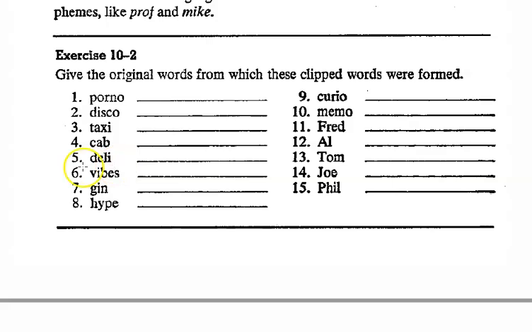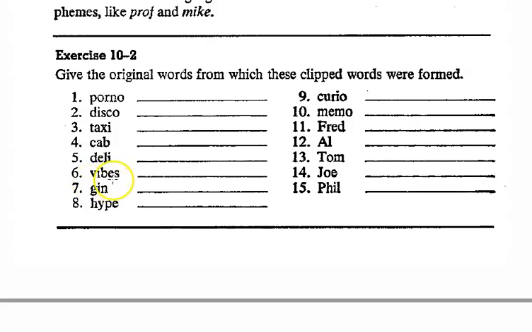Like in gin, it is Geneva, G-E-N-E-V-A. When we cut Geneva, we replace the E with I. In hypodermic, we replaced the O with E. In vibrations, we only cut the derivational part of it.